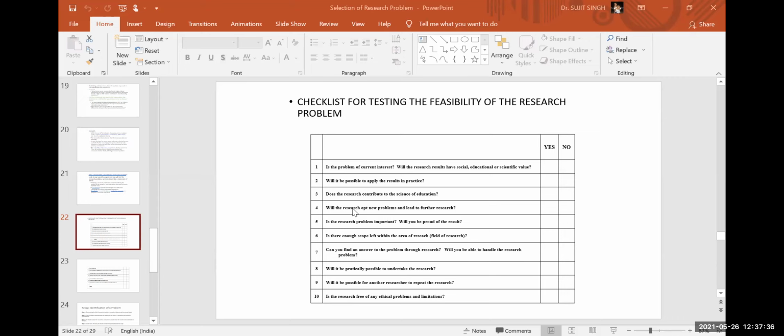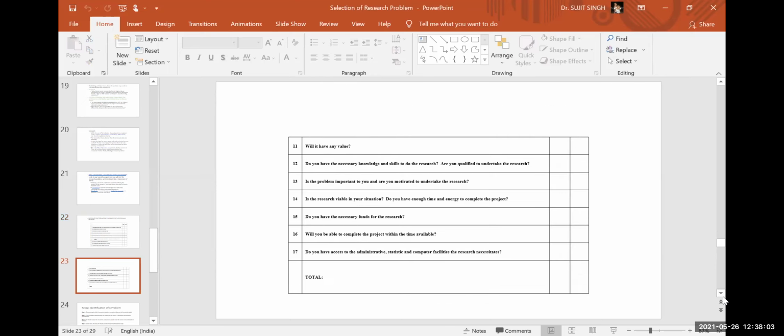So you should think of this kind of criteria, and you should check your research topic based upon these criteria. If you get a majority of yes, that means you are on the right track, right? And you can select that particular topic or area as your research area.